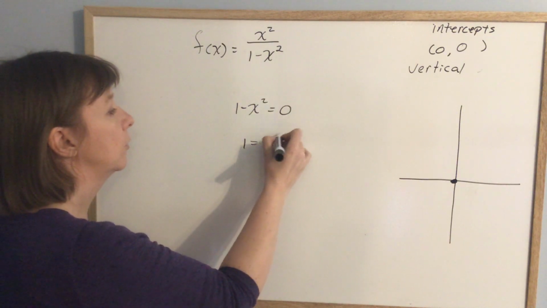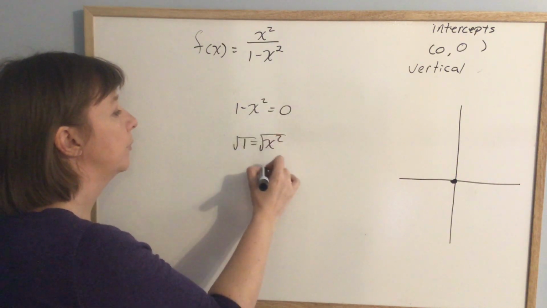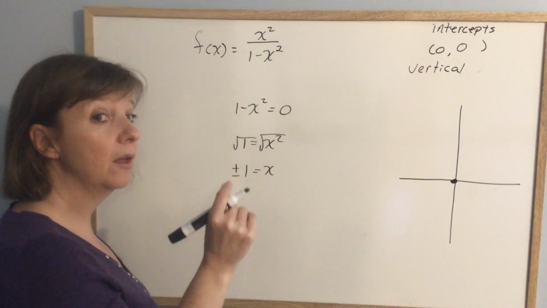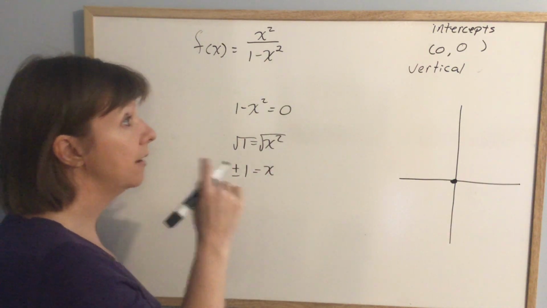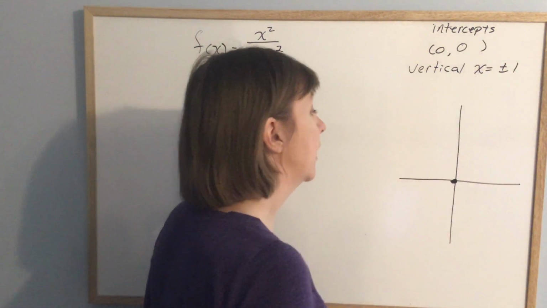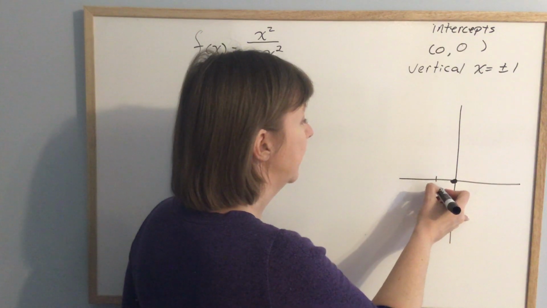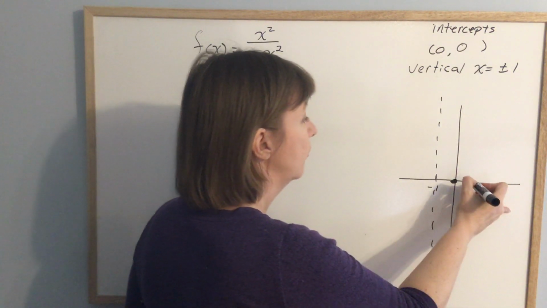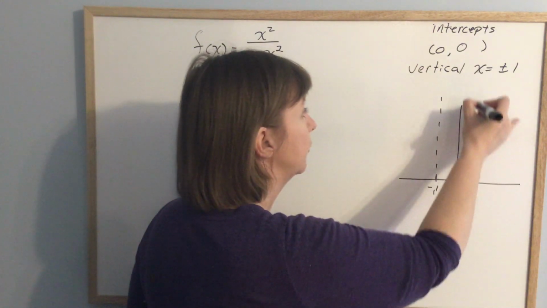Well, 1 would equal x squared. I'll take the square root of both sides. And x would be plus or minus 1, and it's important that you say plus or minus 1 because that means there are actually 2 vertical asymptotes. There is one at negative 1 and there is one at positive 1.